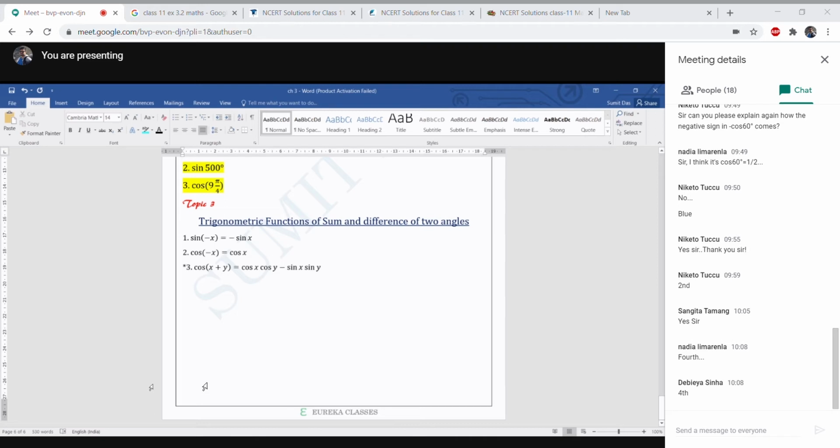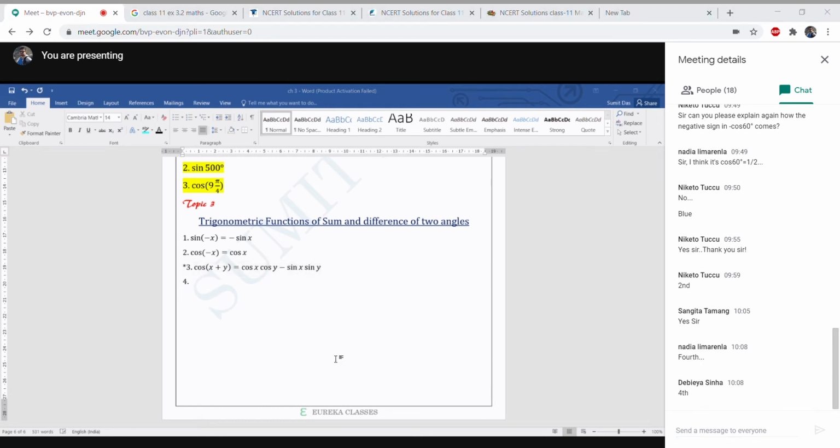We can prove this formula by a diagram, but I'm not going to prove it now, because this proof is not very much needed. We have to remember the formula.